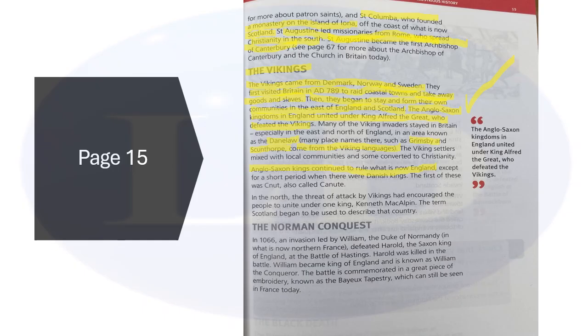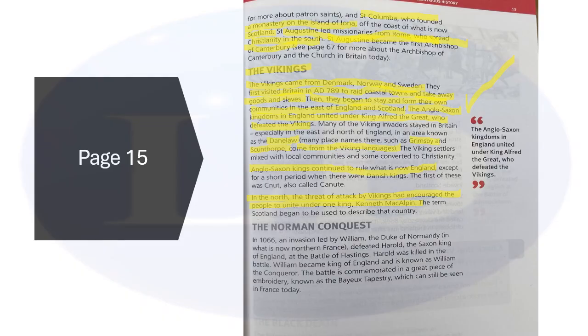In the north, the threat of attack by Vikings had encouraged the people to unite under King Kenneth MacAlpin. So Kenneth MacAlpin was the king under whom other armies joined, and they considered him as their chief or the king or the leader, and they tried to defend their own places from Viking attacks.